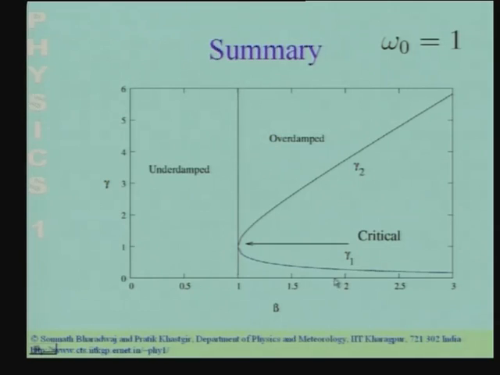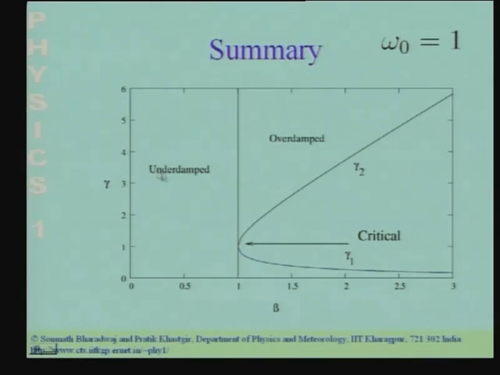You have the damping coefficient beta, which you can vary. If beta is less than omega naught, that is, less than the value 1, you have underdamped oscillations, which is what is shown over here. So, beta is plotted on the x axis of this graph. If beta is less than 1, you have underdamped oscillations.